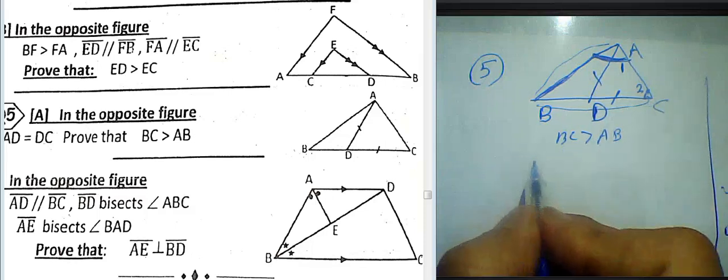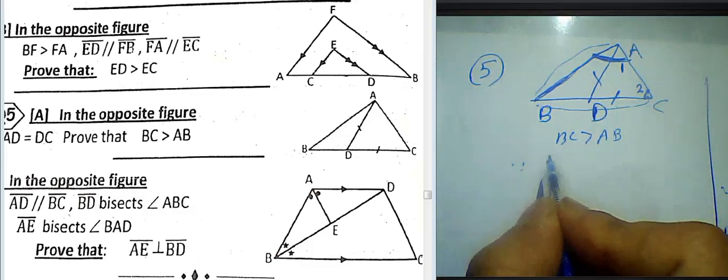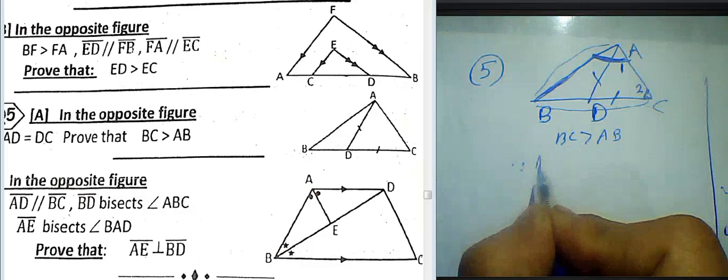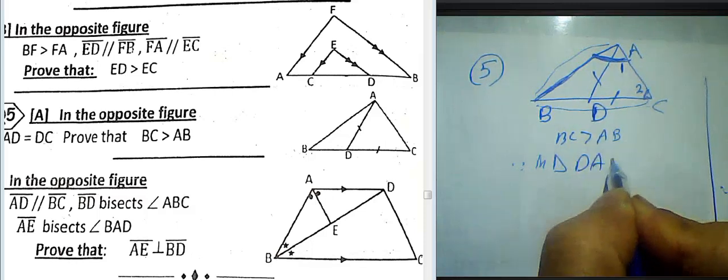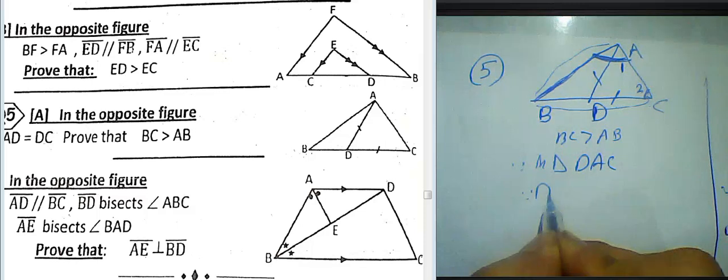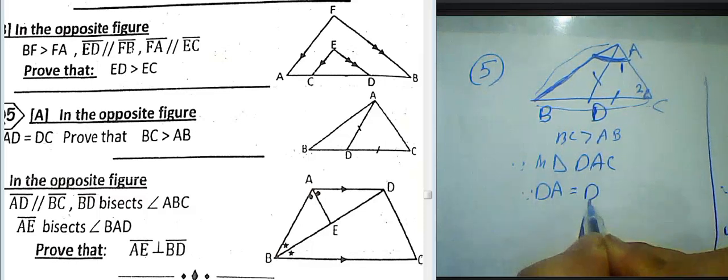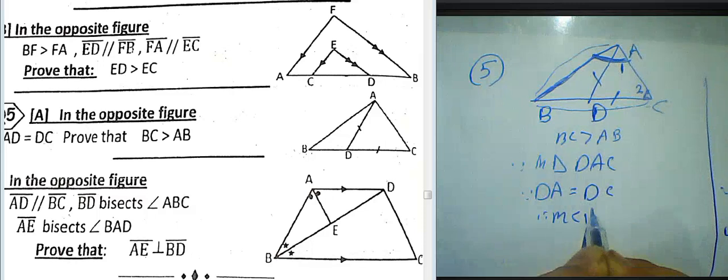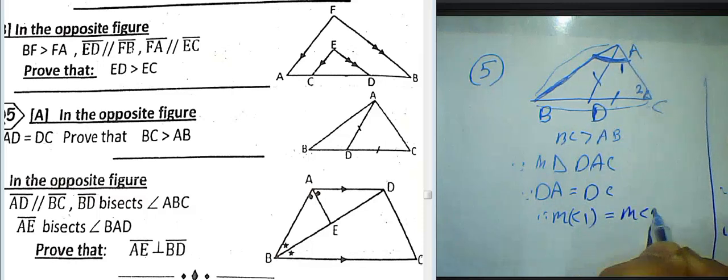It's very easy. Why? Because in triangle DAC we have DA equal DC, then measure of angle 1 will be equal to measure of angle 2.